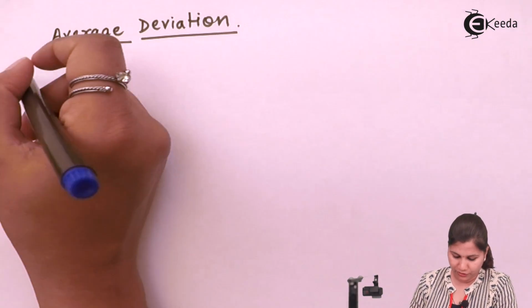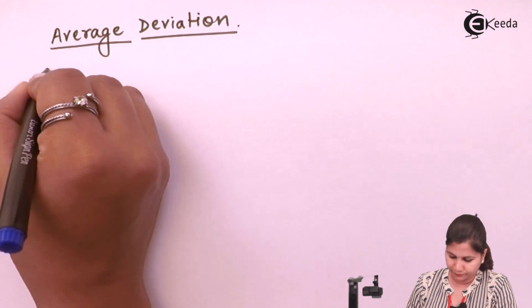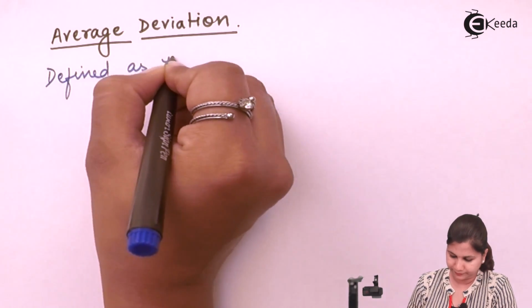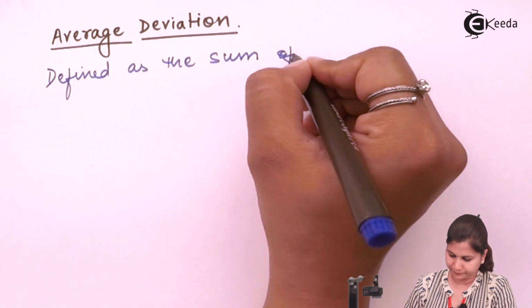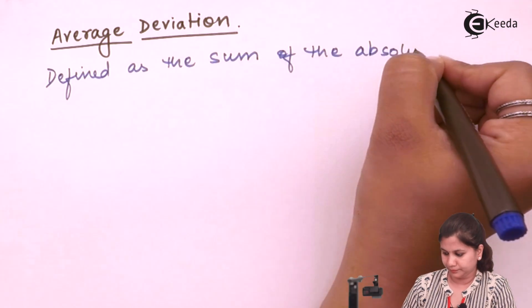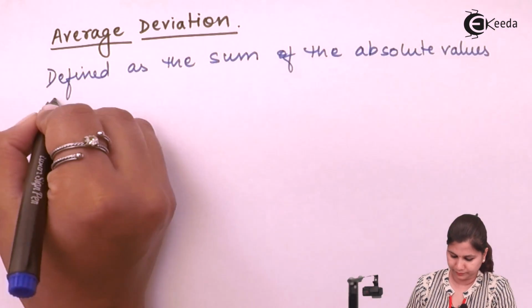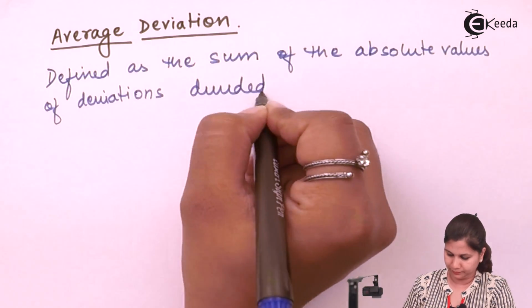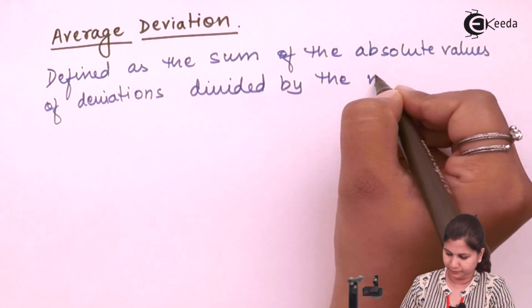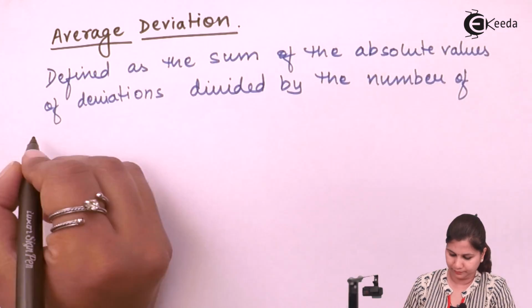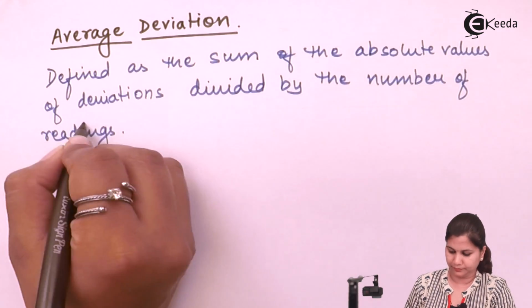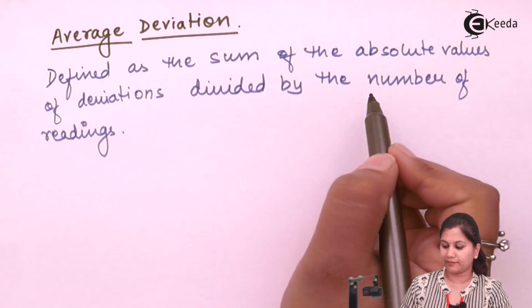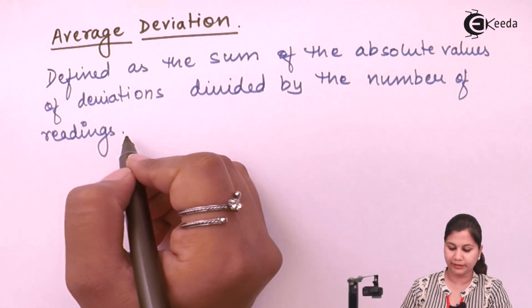So average deviation is defined as the sum of the absolute values of the deviations divided by the number of readings.